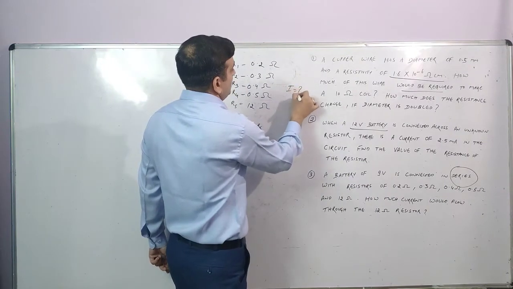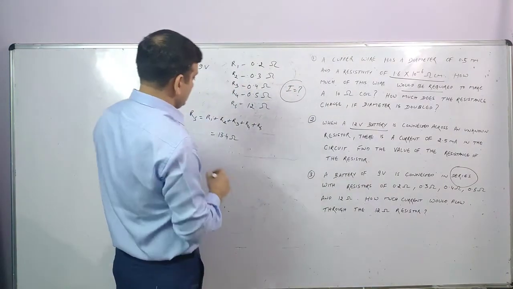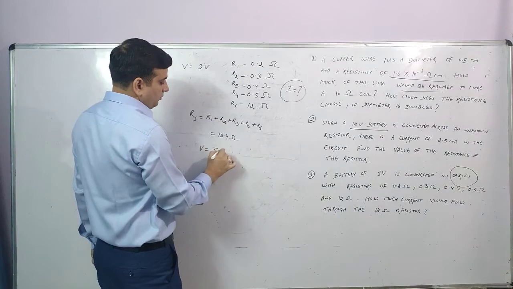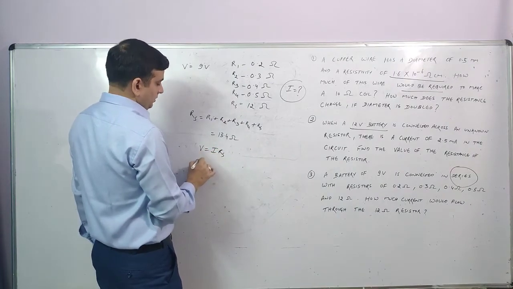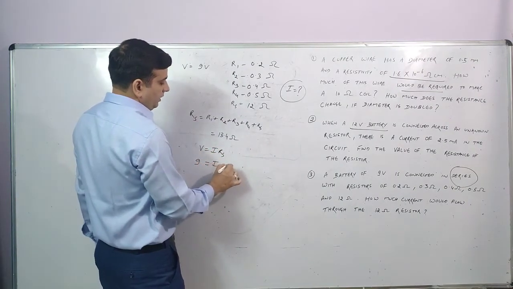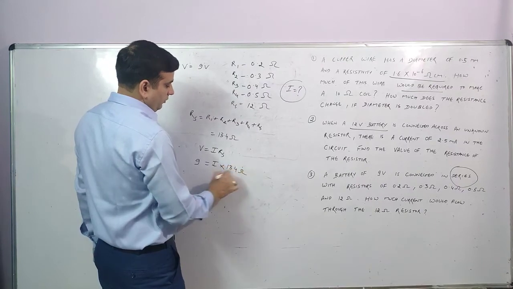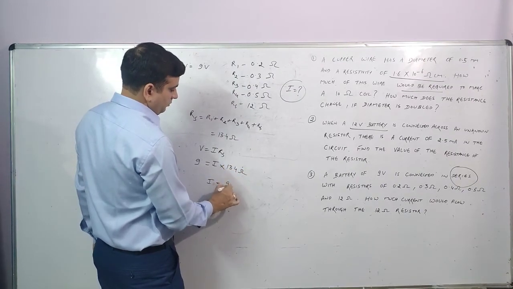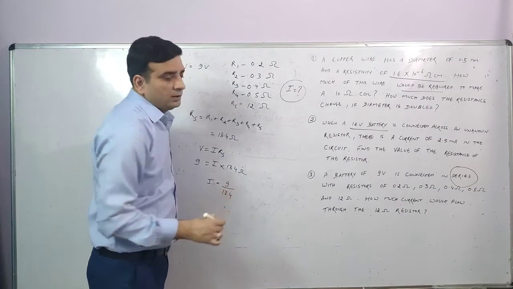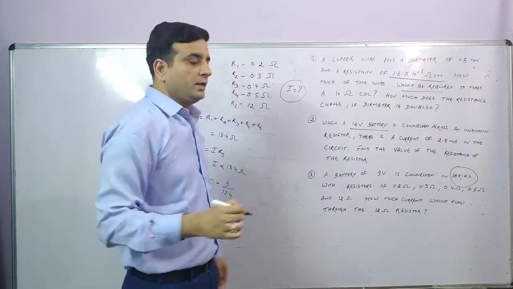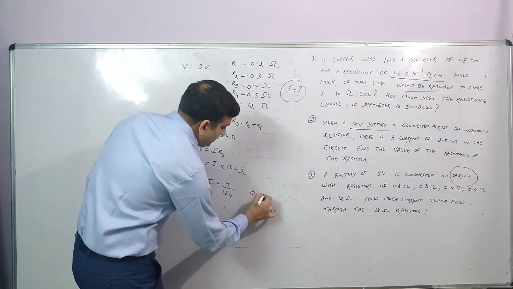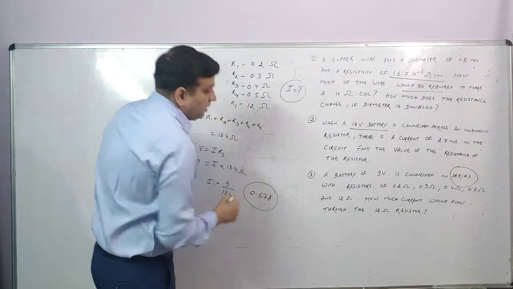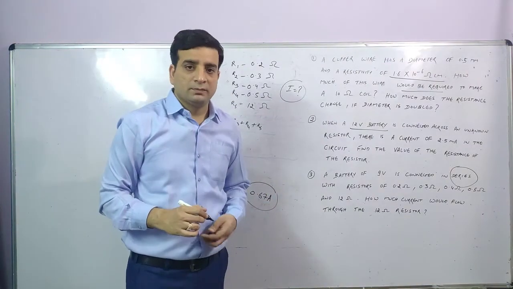So by simply applying the Ohm's law, V is given 9, R is 13.4 ohm. So I is equal to 9 divided by 13.4 ohm, and it will be 0.67 ampere. The answer does not finish here.